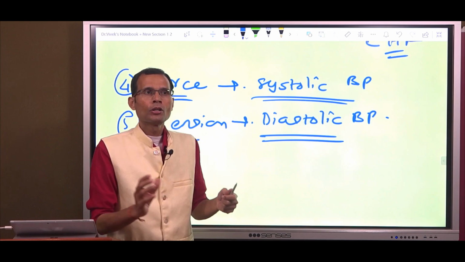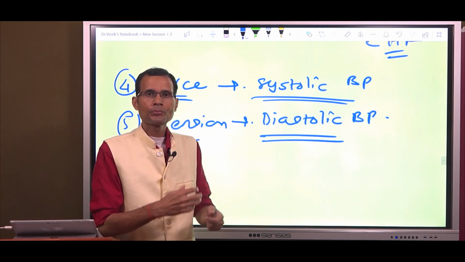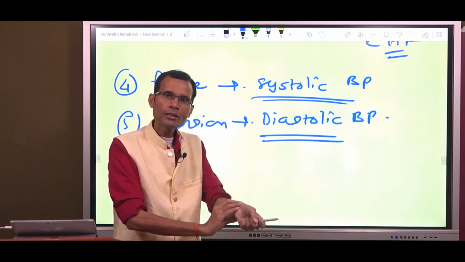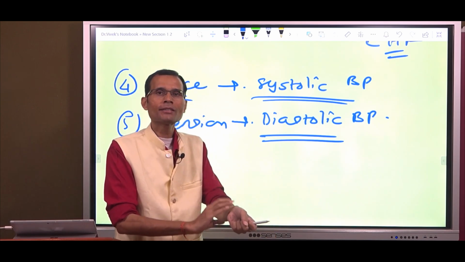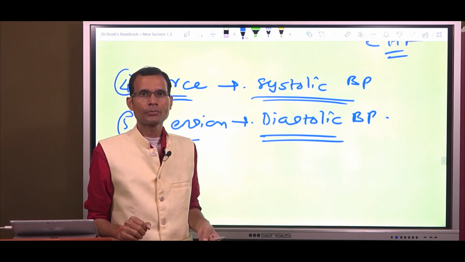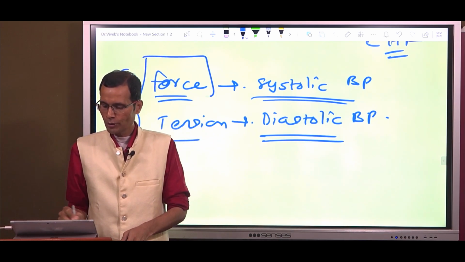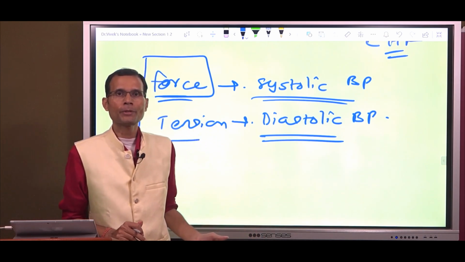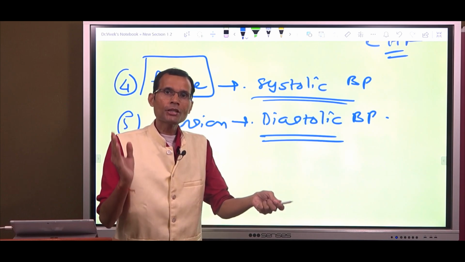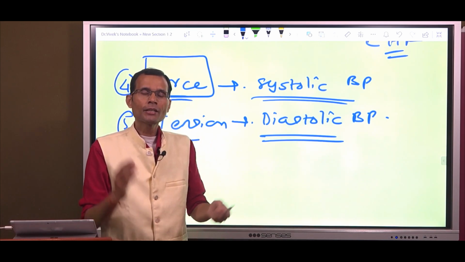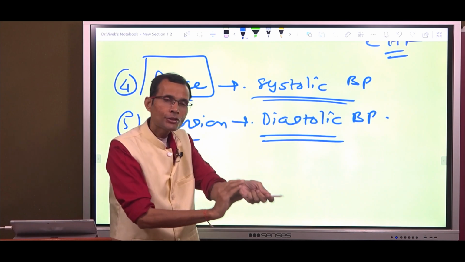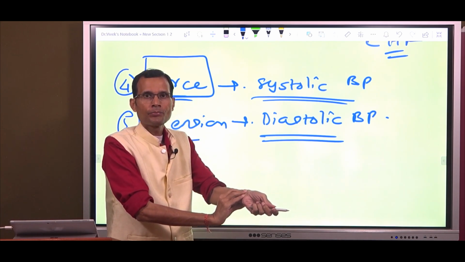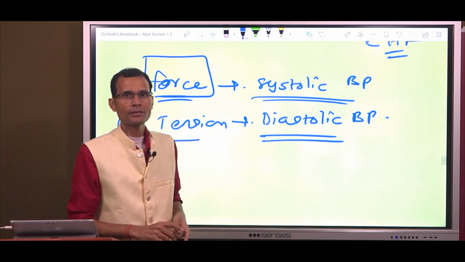Force is defined as the force applied by your fingers to obliterate the pulse completely. That gives you the idea of the force in the pulse and thereby the idea about the systolic blood pressure. I am defining it again: the pressure or force that needs to be applied to obliterate the pulse completely is called the force in the pulse.